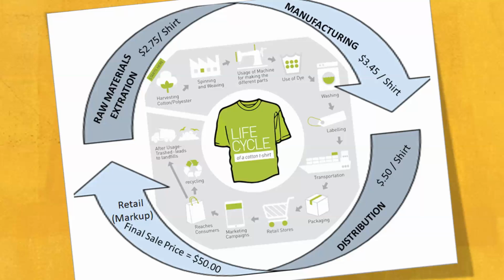Then you're distributing the t-shirt, which will cost you about 50 cents, if I'm not mistaken. With that 50 cents, it's going to cost you less than about $10 to actually distribute it to the final customer. After final sales are done, you're looking at roughly $40 to $50 to make the item.